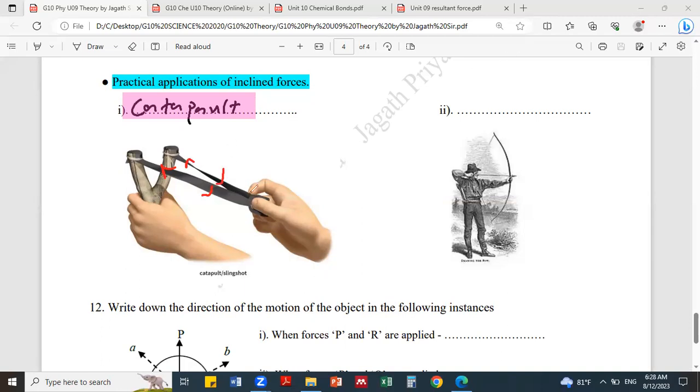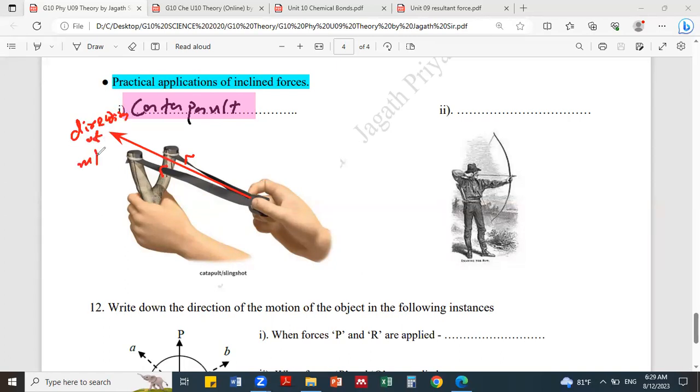So in which direction is it moving? It moves in this direction because these two forces are inclined. Is that clear? This is one force and this is the other force. They are not parallel, therefore this is the direction of motion.